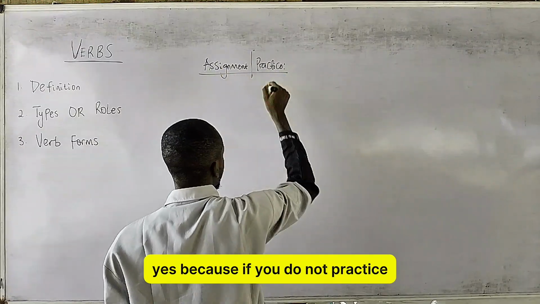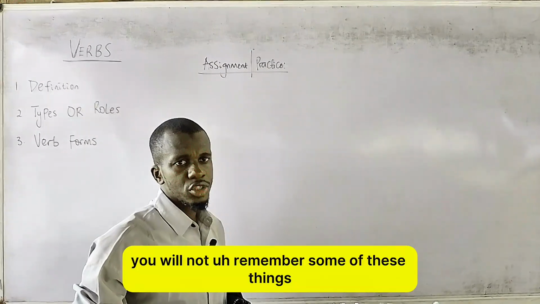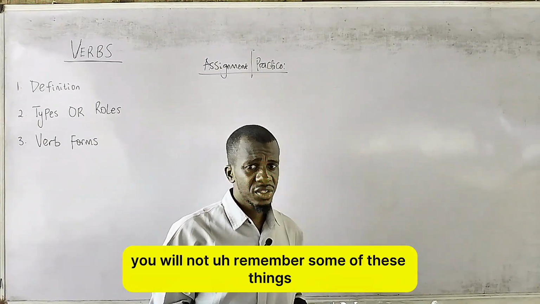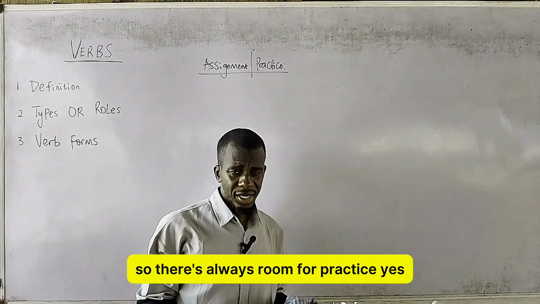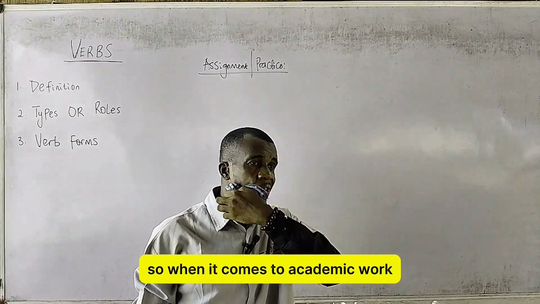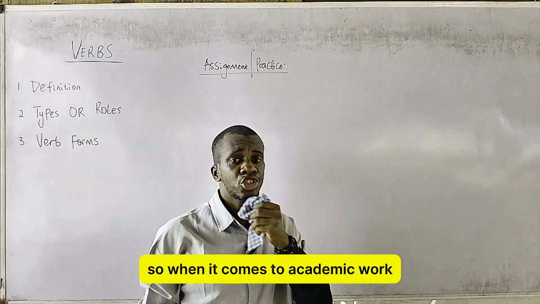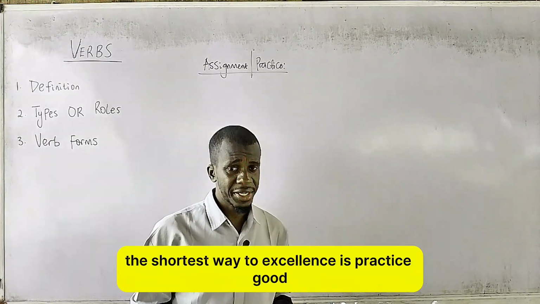Yes, because if you do not practice, you will not remember some of these things, and you will not understand them better. So there's always room for practice. When it comes to academic work, the surest way to excellence is practice.